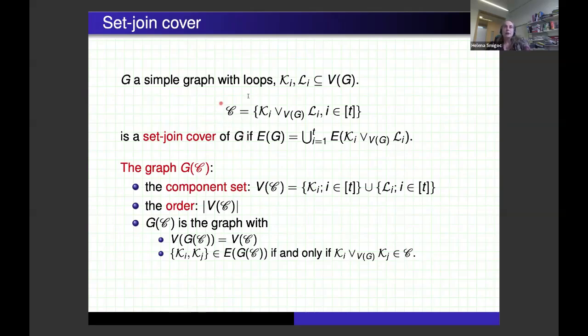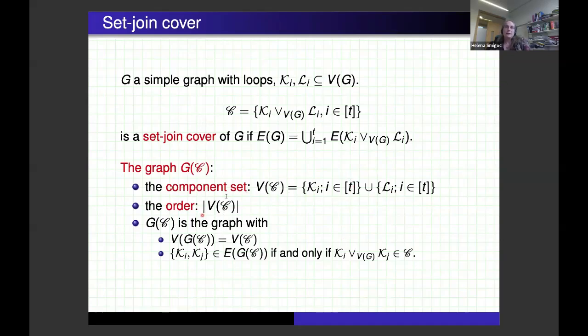And for every set join cover of G, I can define the corresponding new graph, C of G. Now the vertices of this graph are just the sets that appear in the set joins. So if my collection of set joins is K_i join L_i, then the vertex set of this graph, C of G, is just those sets, K_i and L_i, the union over all of them.